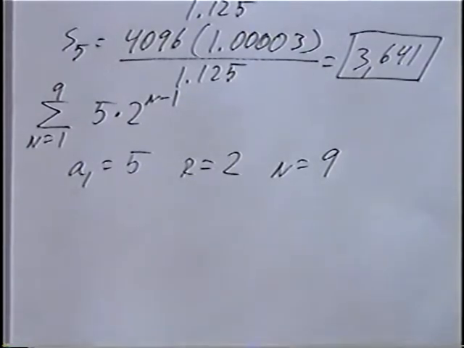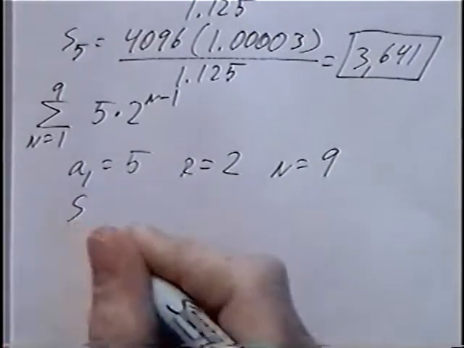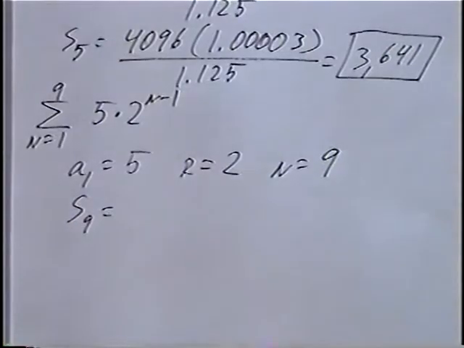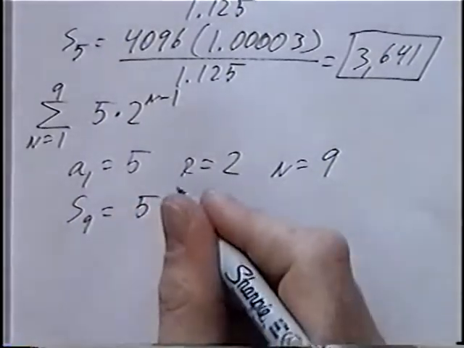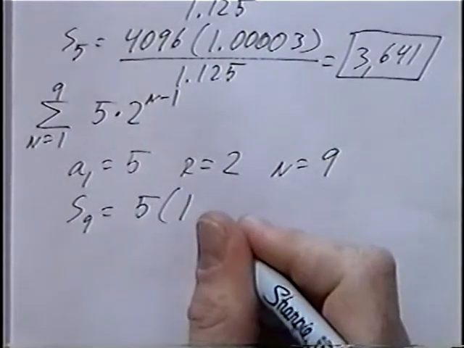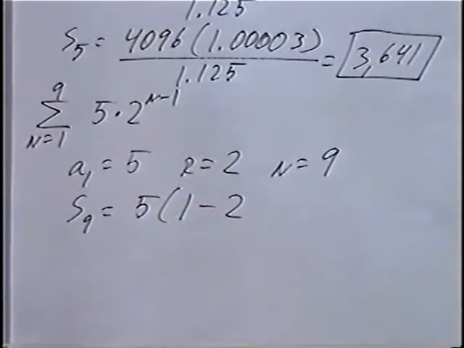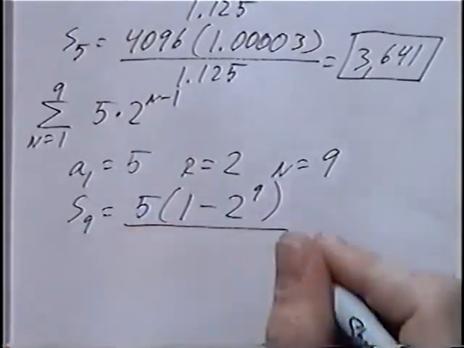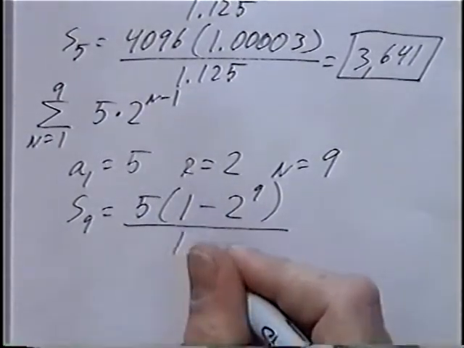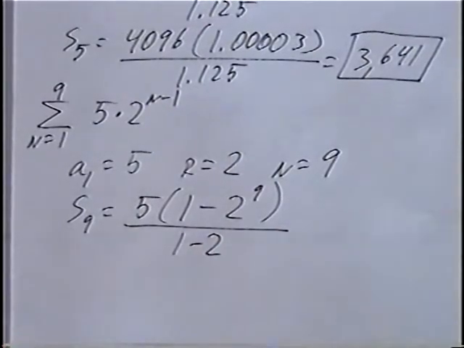Plugging these numbers into the formula, S sub 9 for 9 terms would be a1, which is 5, in parentheses, 1 minus r, which would be 2, to the n power, which would be 9, divided by 1 minus r, which would be 1 minus 2.